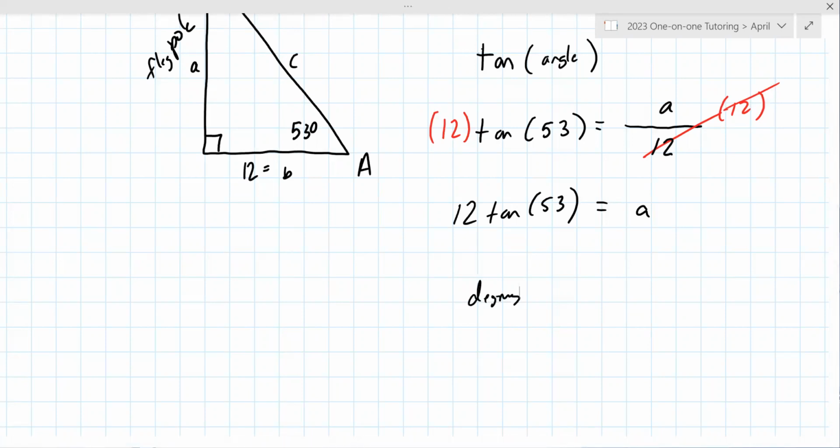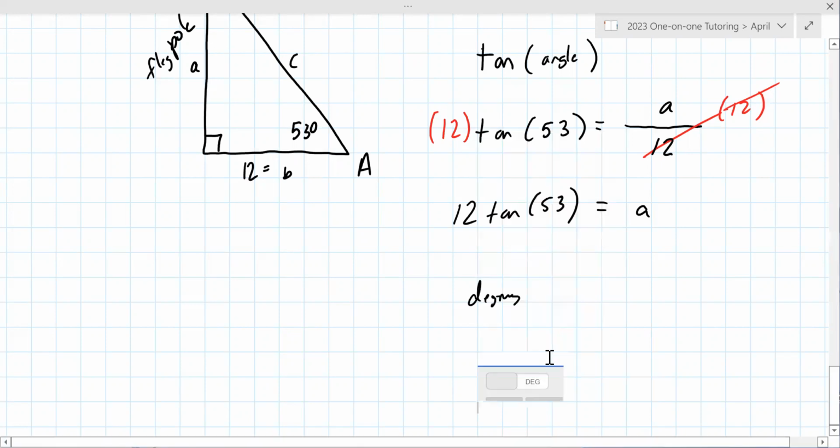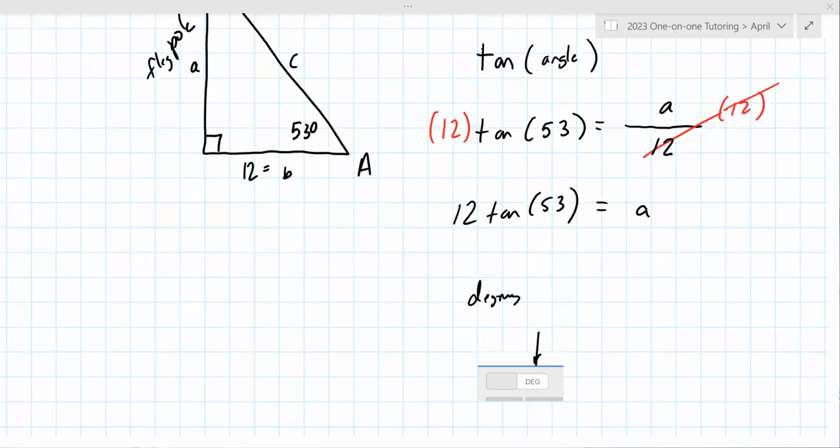You should see the DEG button highlighted, right in the middle just above the keypad. Oh, I see it.